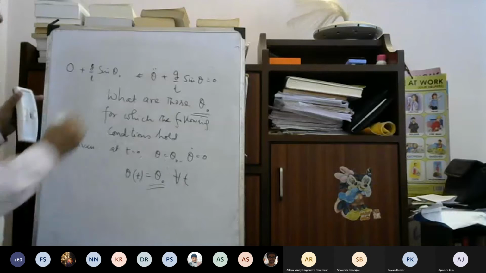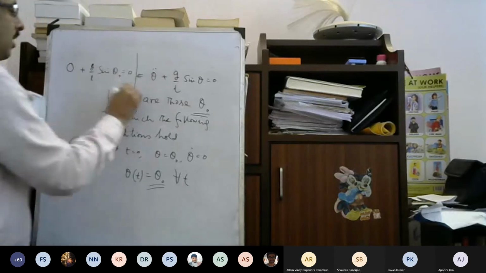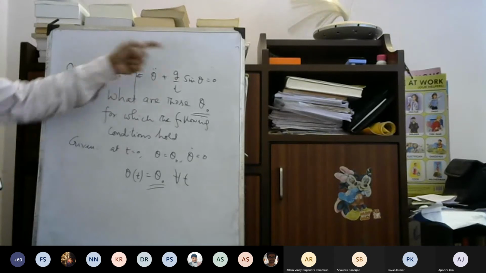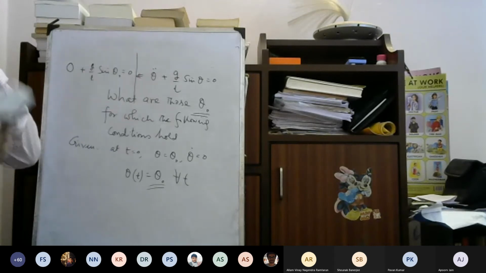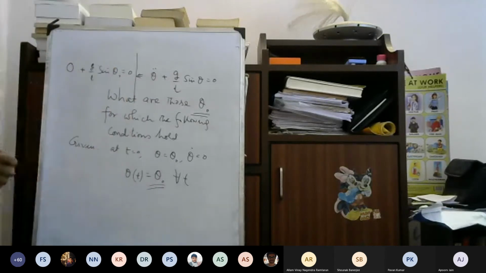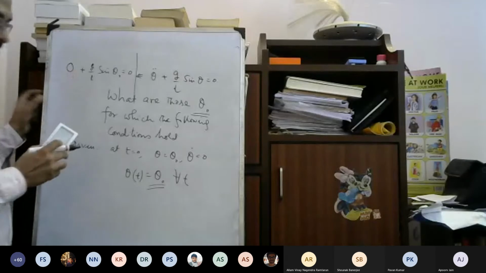The mass is not going to move. And then I have to solve this equation, g by L sine theta naught equal to 0. The solution to this will give us the equilibrium values.